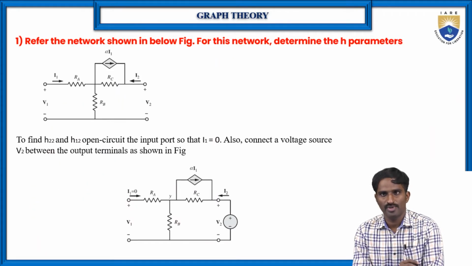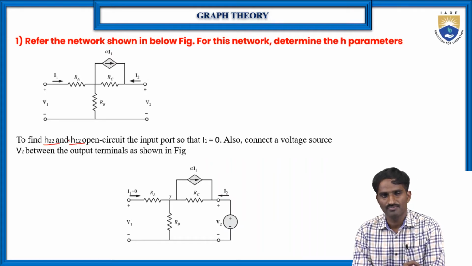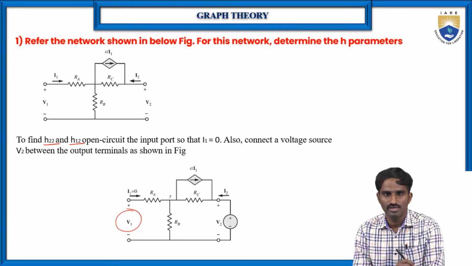Now let me find the other two parameters. The other two parameters are H22 and H12. How to find these H22 and H12? By making the input terminal an open circuit, because before it was by making the output terminal a short circuit, and here it is by making the input terminal an open circuit.